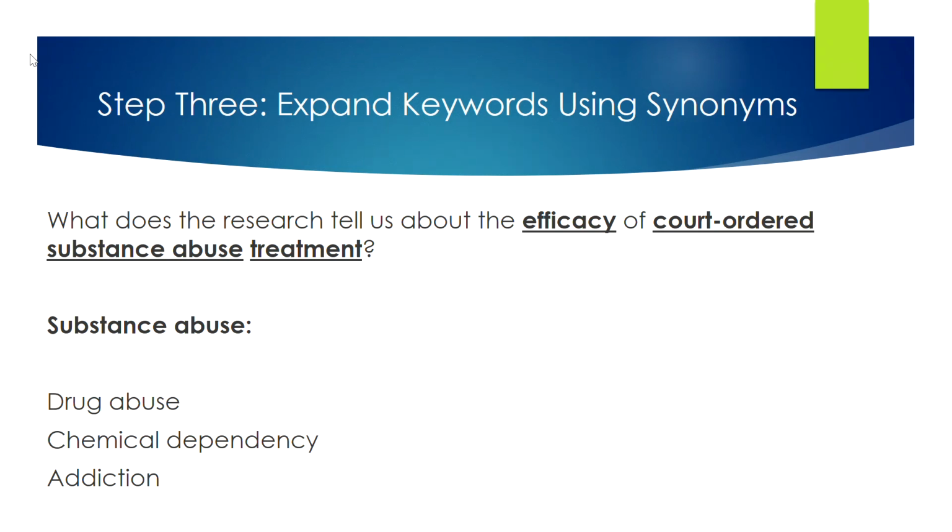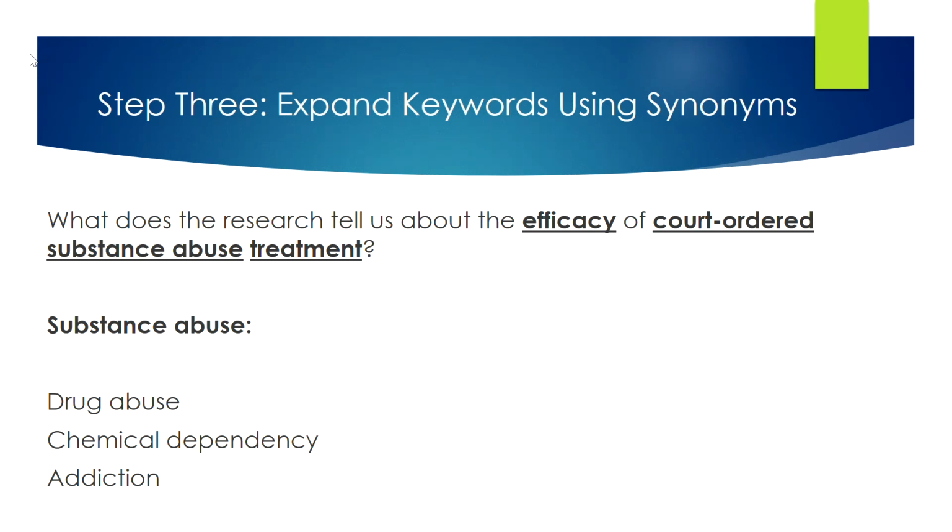They refer to programs as chemical dependency programs or addiction programs. If we would have stopped with using only substance abuse, we will miss out on a number of articles that deal with the exact same topic because we did not put those terms in the database.